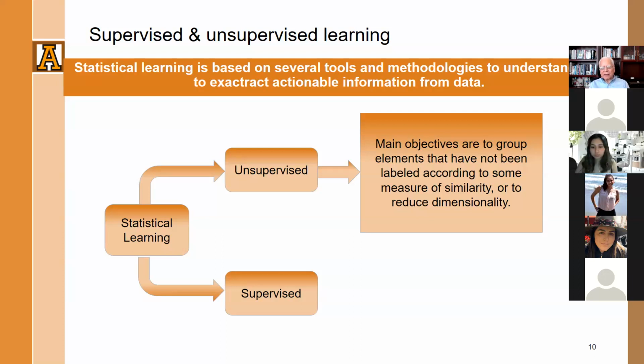But I can group them according to their similarity, in such a way that customers within a cluster are as similar as possible, and customers in different clusters are very different. So that's unsupervised because I don't have a label for the customers.